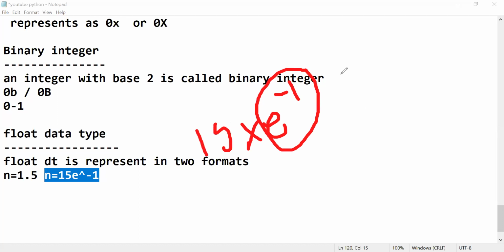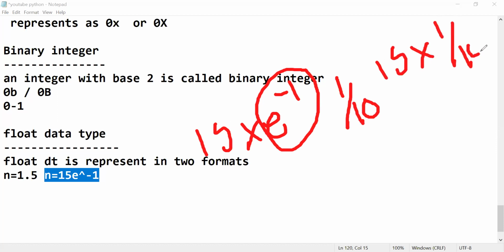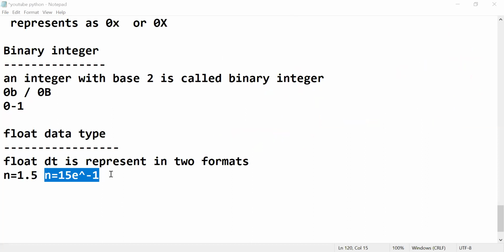The value of e power minus 1 is 1 by 10. So we can write it as 15 into 1 by 10, which is equal to 15 by 10, equal to 1.5. I hope you understand what the float data type is and how we can represent it. You got clarity on the float data type.